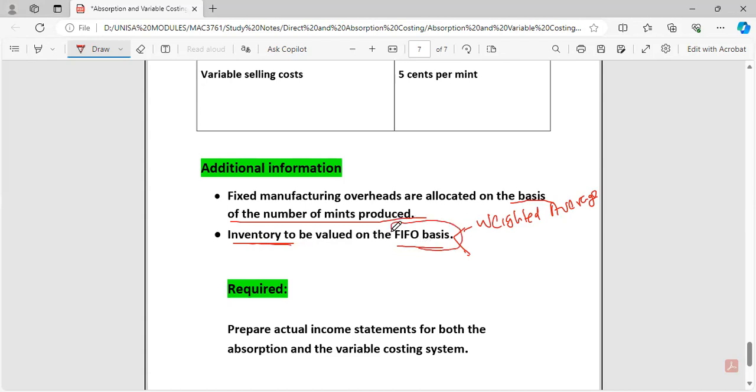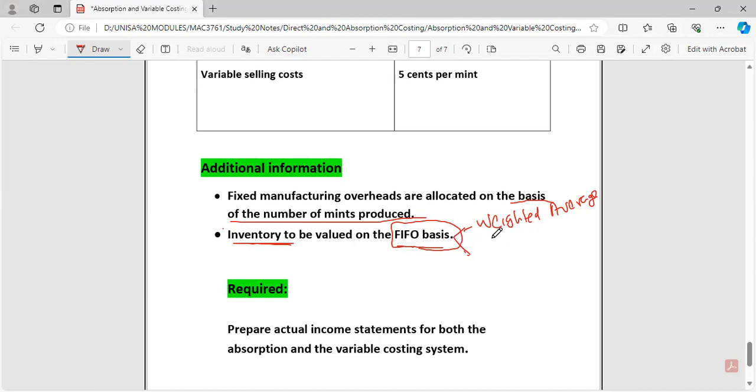Remember, it says first in, first out, which means the one from last year, the opening inventory, is not going to be part of the inventory valuation. That is when you are using FIFO.